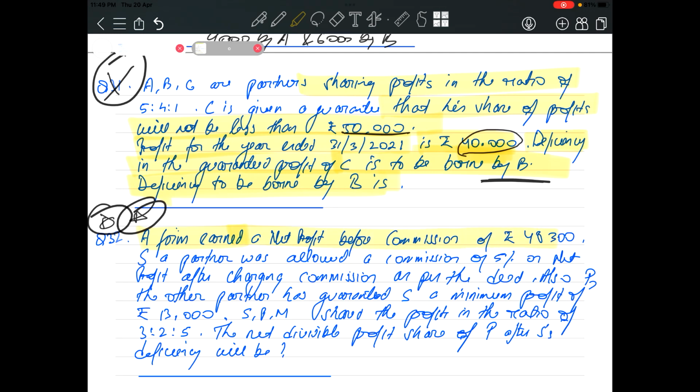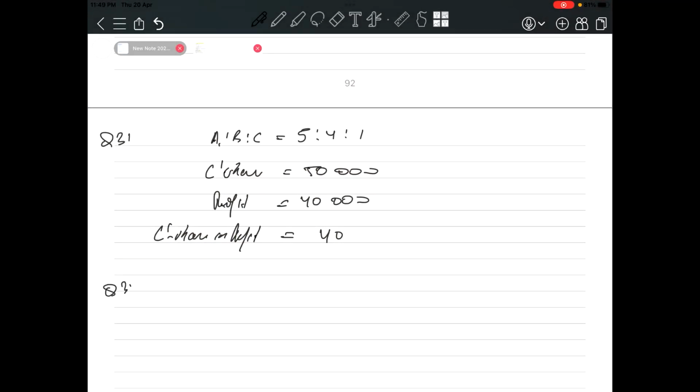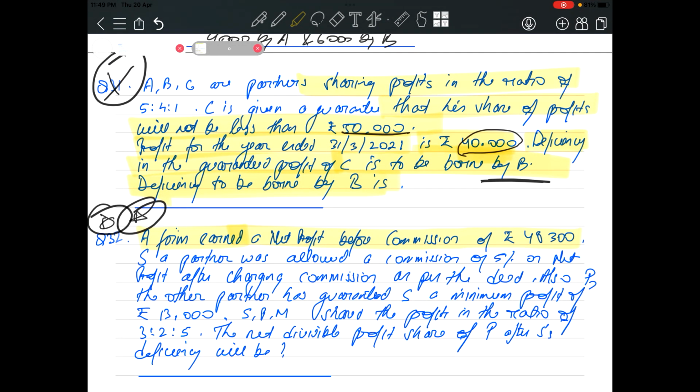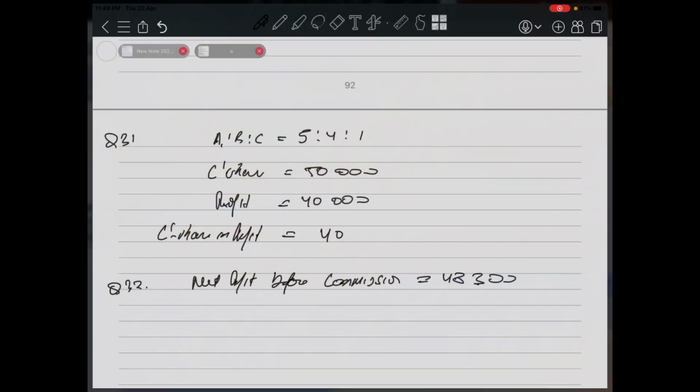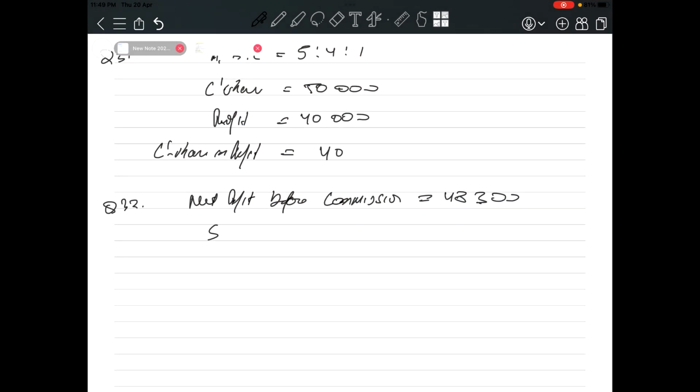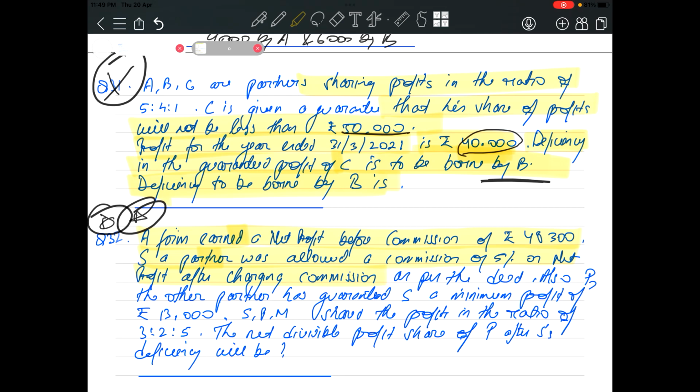A firm earned a net profit before commission of 48,300. Okay, net profit before commission, 48,300. S, a partner, was allowed a commission of 5% on net profit after charging commission.